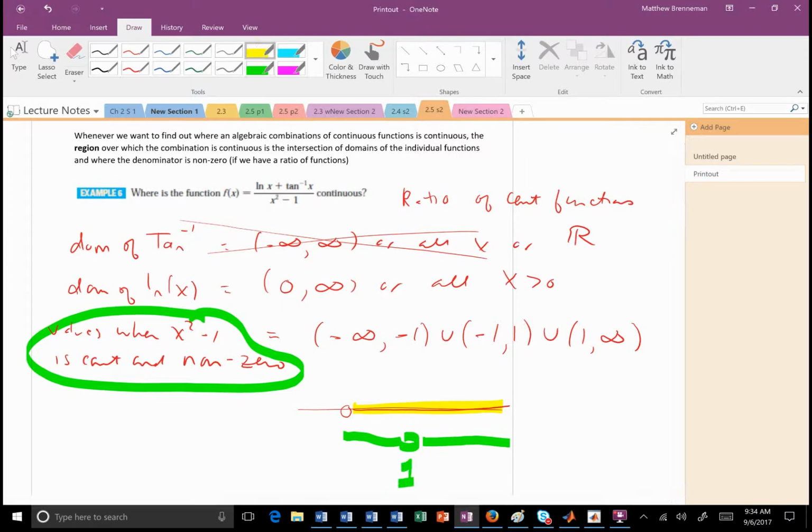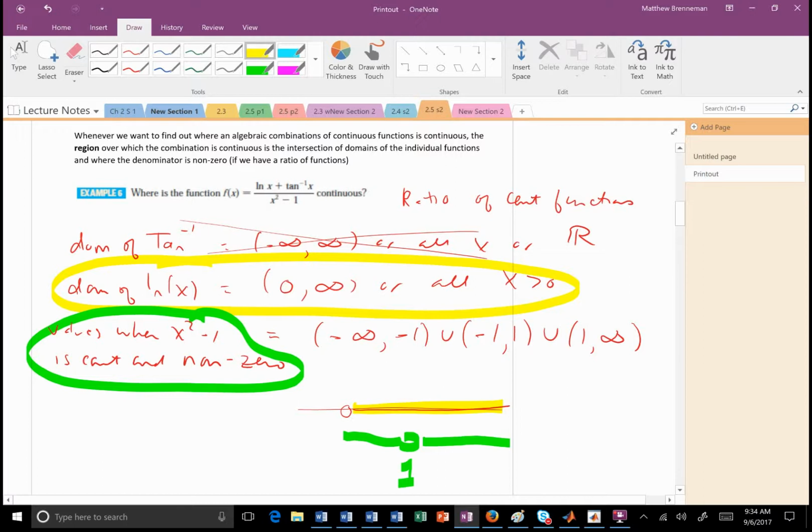Okay? So now I take the intersection, what do I get? Well, I get 2 intervals, right? Everywhere from 0, but not including 0, is included. Everywhere up to 1, but not including 1, is included. And then all these values after that.